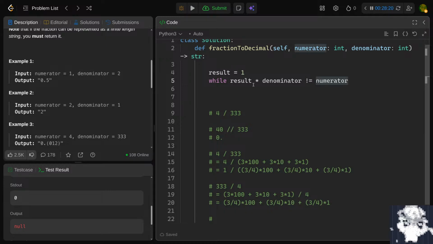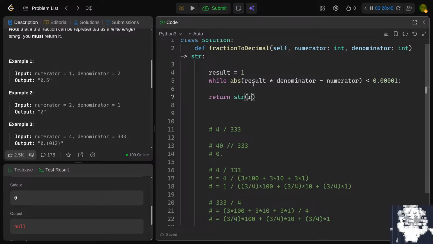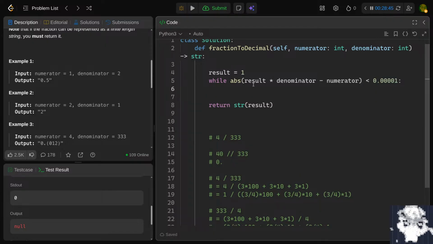So while the absolute value of result times denominator minus numerator is less than some small number. Then at the end return string of result, which will obviously not work because we're not handling the repetition, and we don't have the right precision, but just to see if this idea makes any sense.